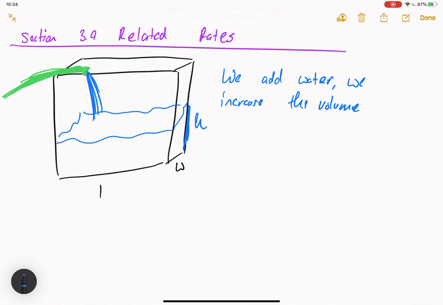You add 2 gallons of water, your volume is now 2 gallons more. But if we look at the pool, this side is fixed, this side is fixed. So the only thing we're allowing to change in this scenario is H. So we increase the volume, thus H, the height of the water, has to increase with it.